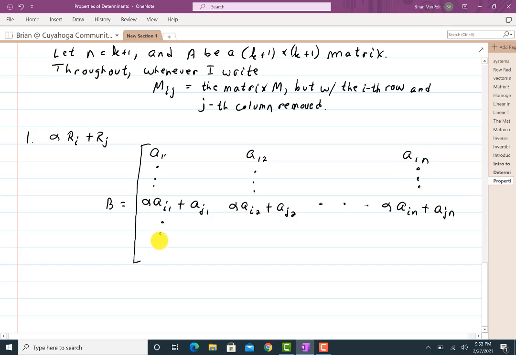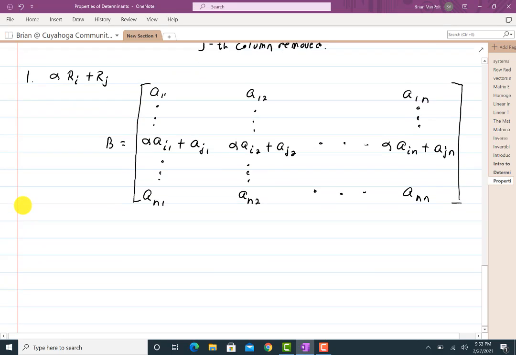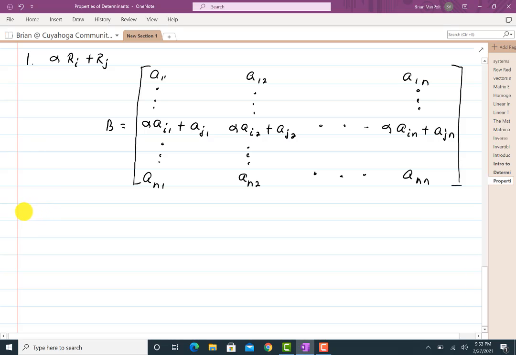So I've really only affected one row in this. You can see it's exactly the same as the matrix A, except my row J is going to look different.